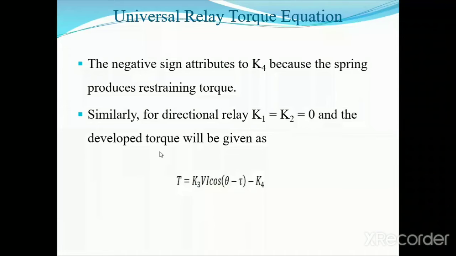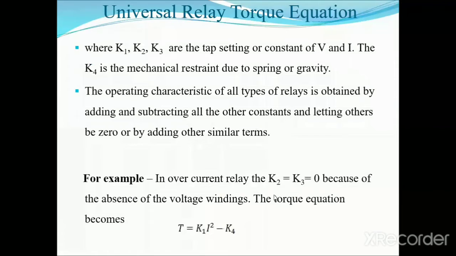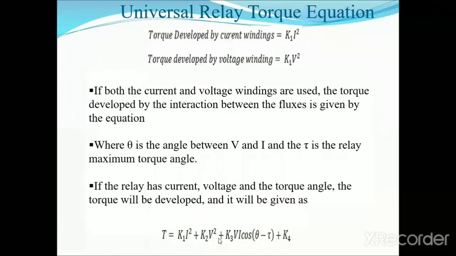The torque developed will be given as T equal to K3 VI cos of theta minus tau minus K4. While substituting K1, K2 equal to 0 in the universal relay torque equation, K1 and K2 are replaced by 0, so it equals K3 VI cos of theta minus tau plus K4.